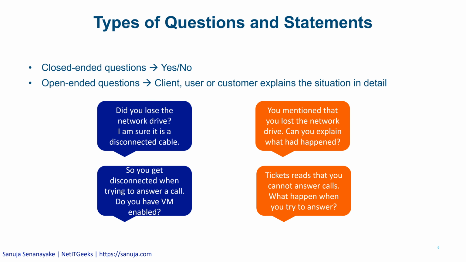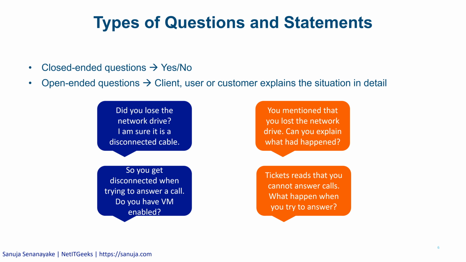For example, here I put four questions. Two of them are related to each other, in pairs. On the left-hand side we have the close-ended question, and on the right-hand side in orange we have the open-ended version of that question. For example, if somebody asks you, did you lose the network drive? I'm sure it is a cable disconnected, or I'm sure it is a disconnected cable.